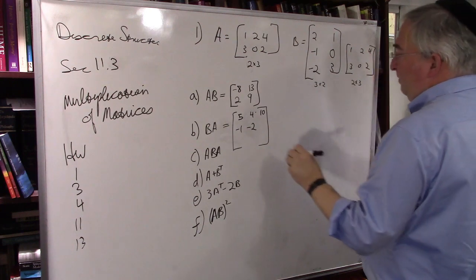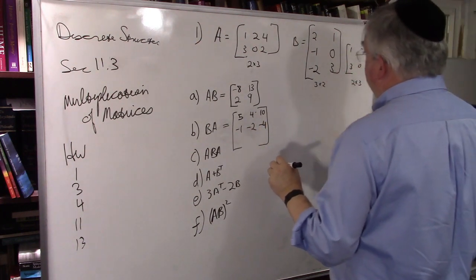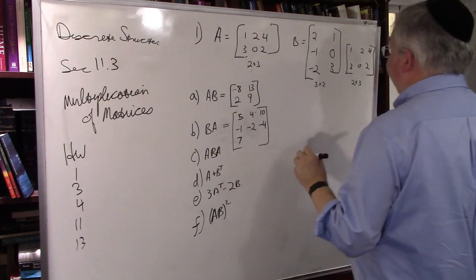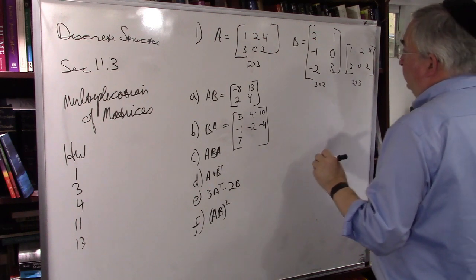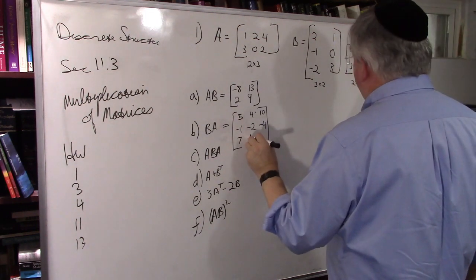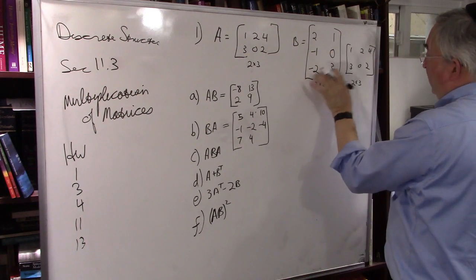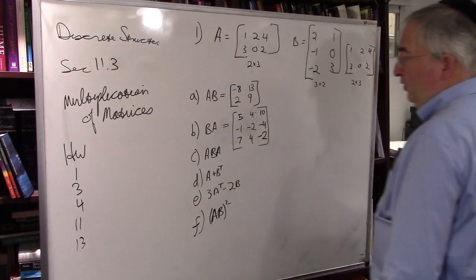This is minus 4. This is minus 2 plus 9 is 7. This is 4. This is minus 8 plus 6 is minus 2. Could have been wrong there.